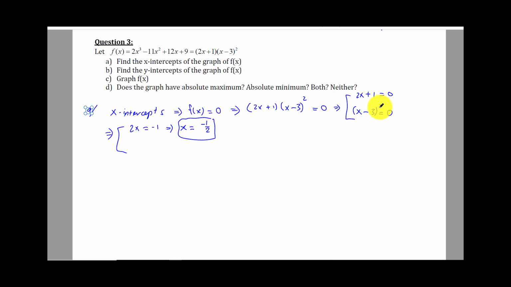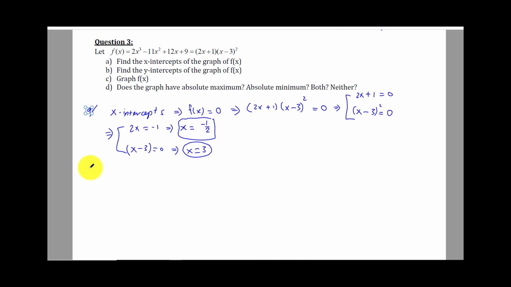Now for the squared factor, because the right side is 0, I just get x minus 3 to be 0, or x equals 3. Because this has the square, the power of 2, that means x equals 3 is the zero, or the x-intercept, with multiplicity of 2. Right. Now this is for the x-intercept.